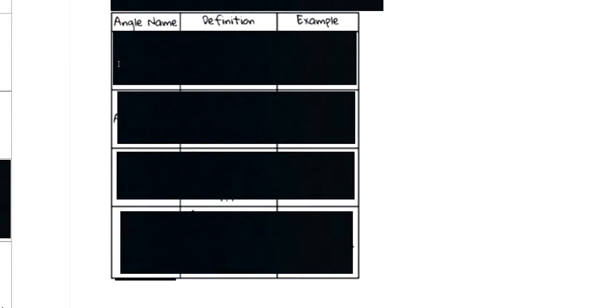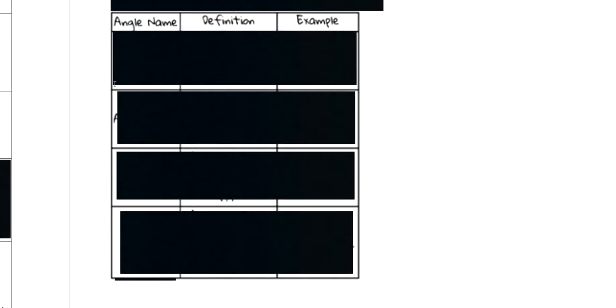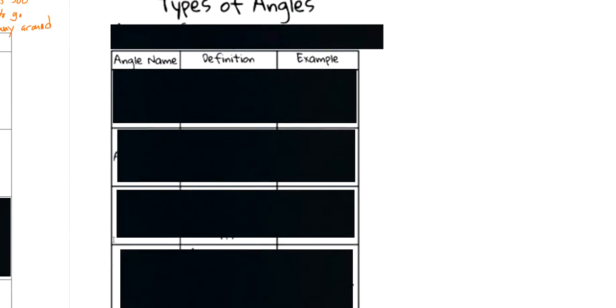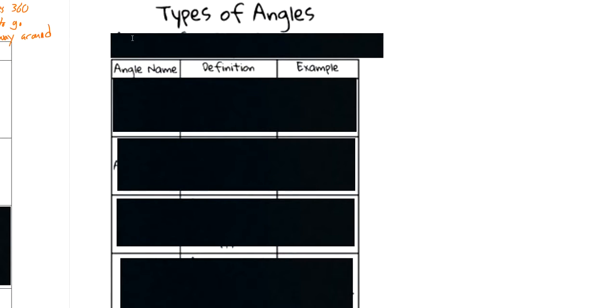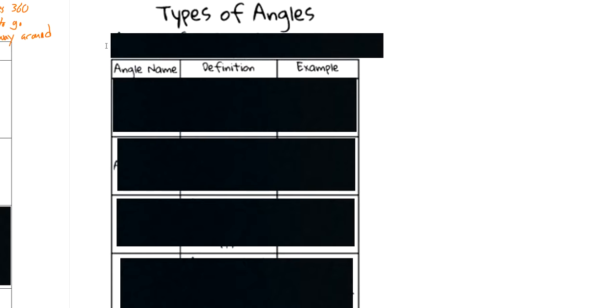And then our table, we are going to need 3 columns across and a title row and then 4 rows going down. Should only have to take 1 page. So once you have that set, pause the video, create that table, and then let's start filling it in.